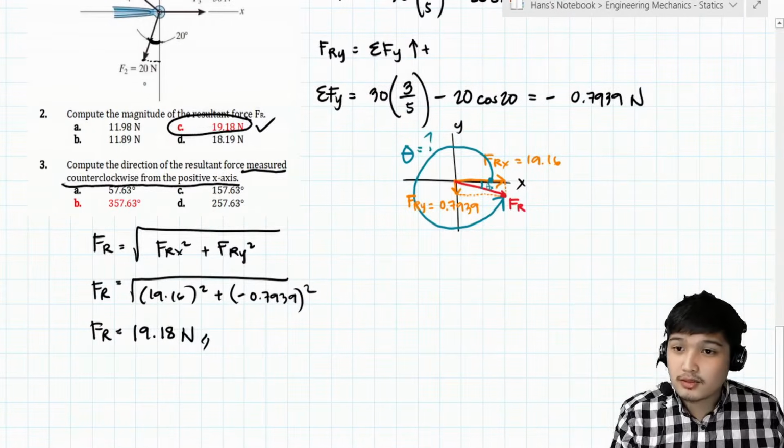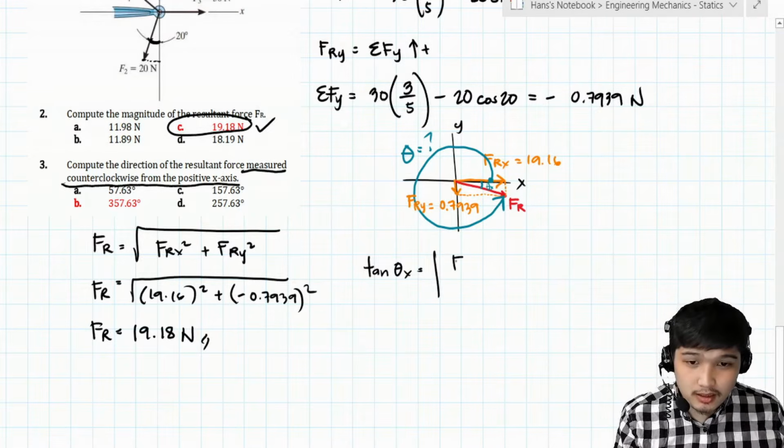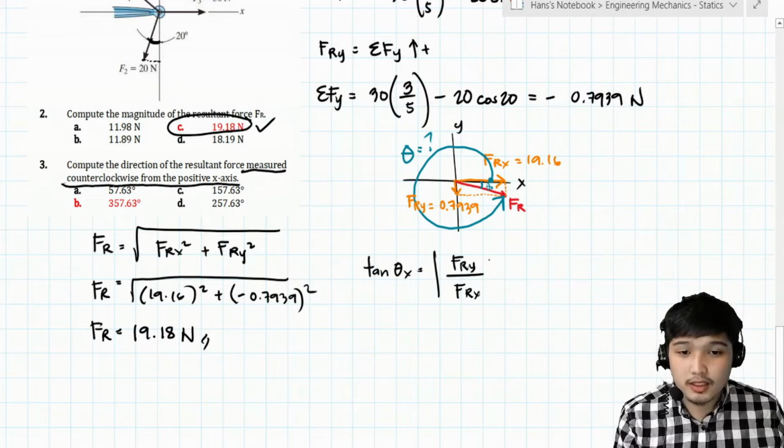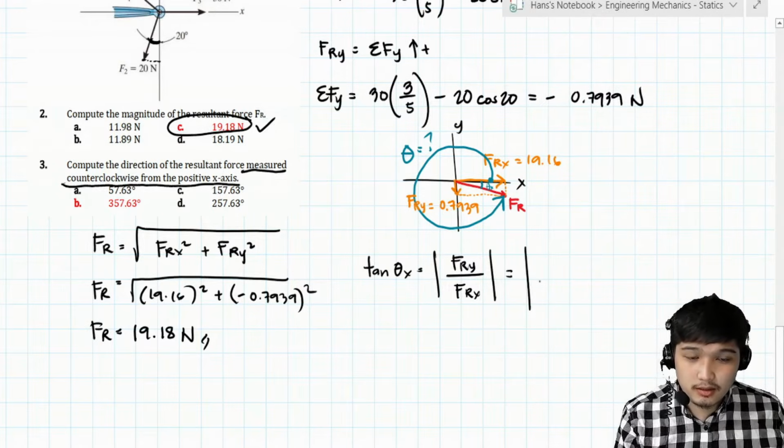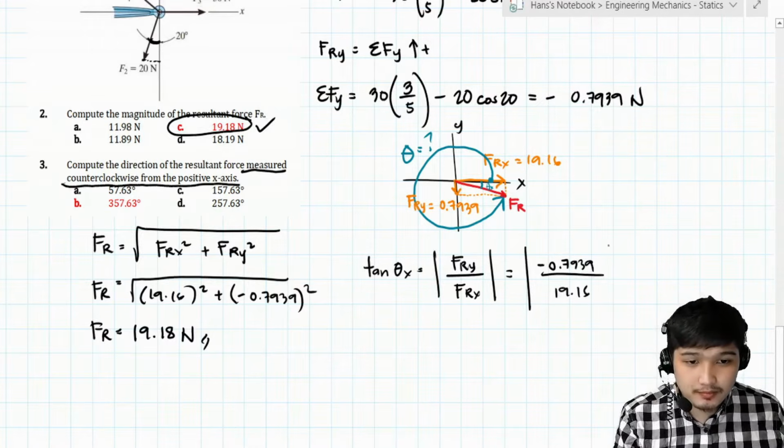So, sana na-imagine mo yung ginagawa natin class, no? So, yung tangent of theta x ay equal sa absolute value ng FRY over FRX. So, simply plug in negative 0.7939 over 19.16.